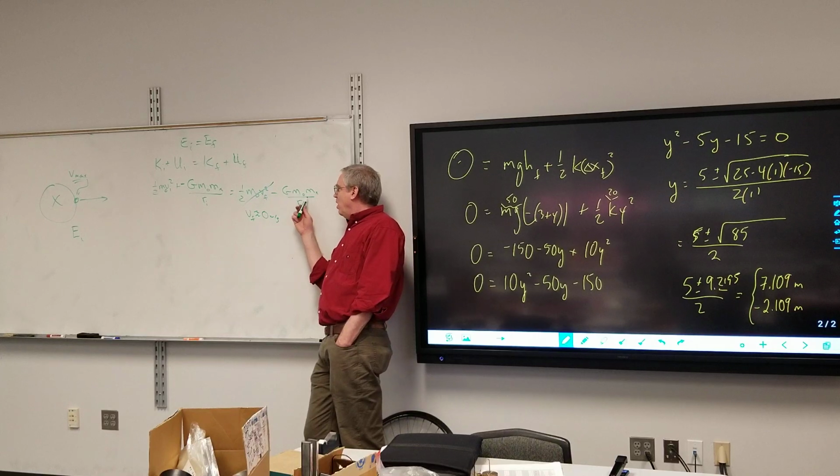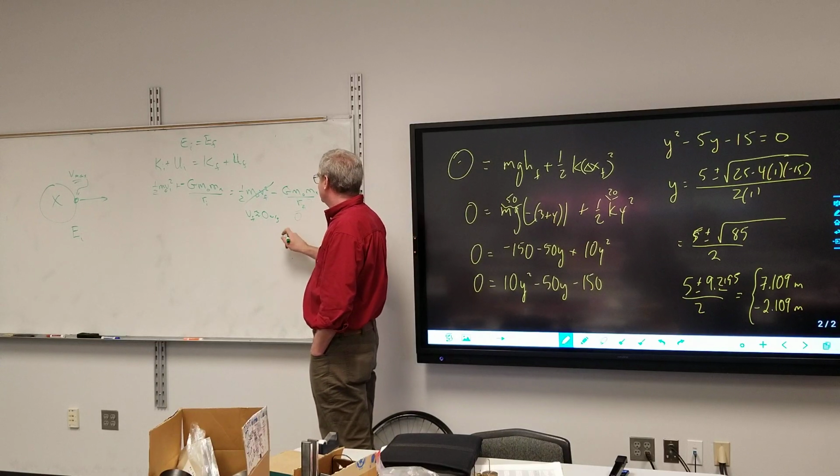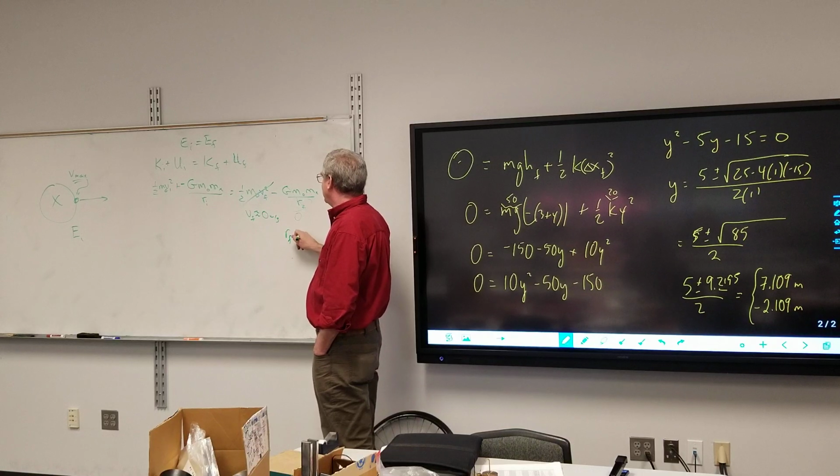So R here is getting bigger and bigger. If I take a fraction and let the denominator get incredibly big, what happens to the value of the fraction? It gets smaller and smaller. So it's pretty much zero. So R final goes to infinity. Therefore, the fraction goes to 0.